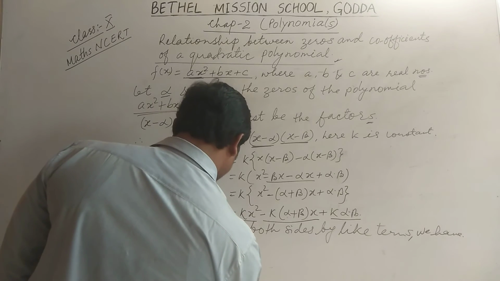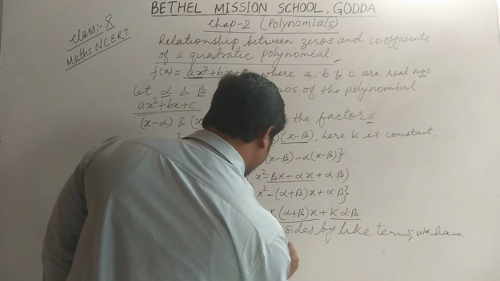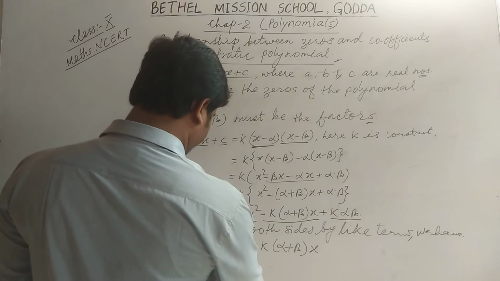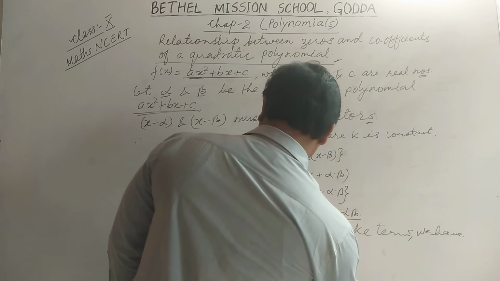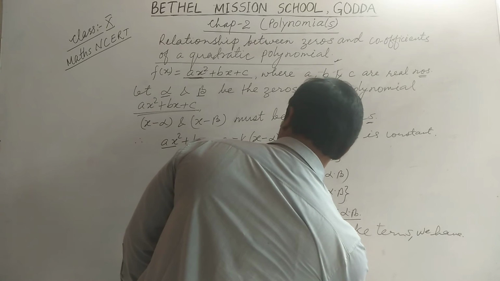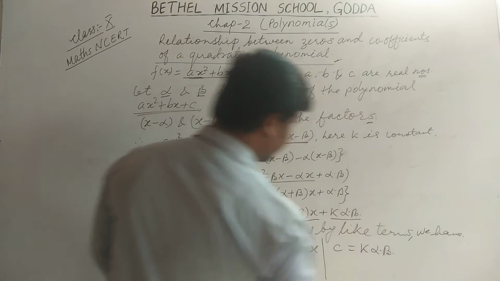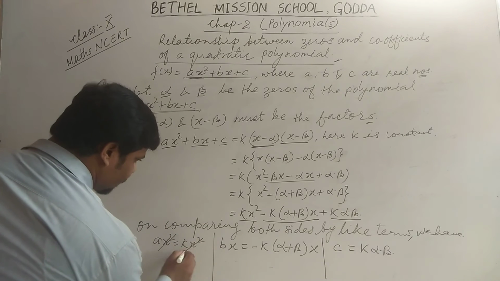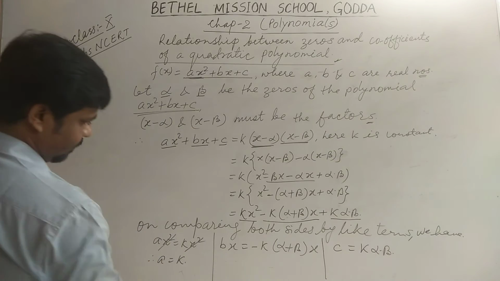Second, bx equal to minus k into alpha plus beta x. Third, c equal to k alpha into beta. From the x square terms, x square gone, therefore a equal to k.